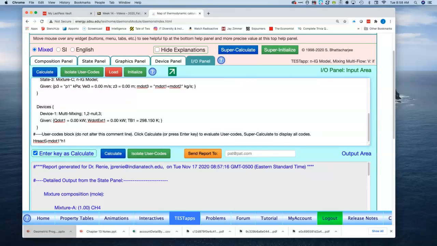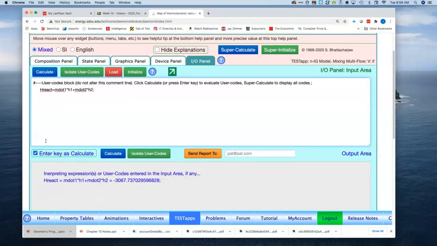Okay, that's in kilojoules per kilogram times the mass flow rate, and then plus m dot 2 times H2. So upon doing that, I have a kilogram per second times a kilojoule per kilogram, and this would then be in kilojoules per time. And that's my enthalpy of the reactants.